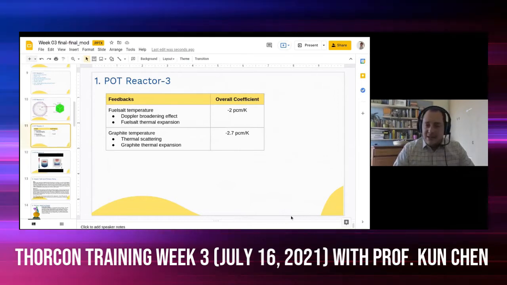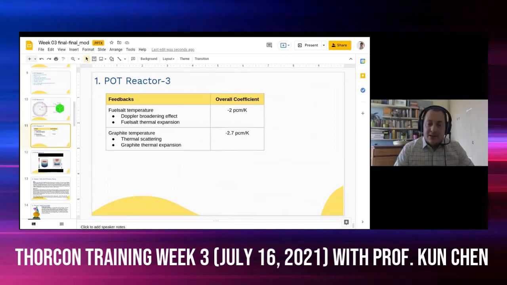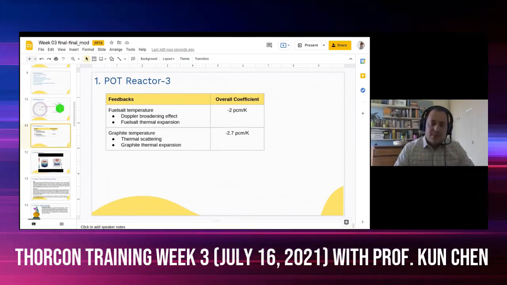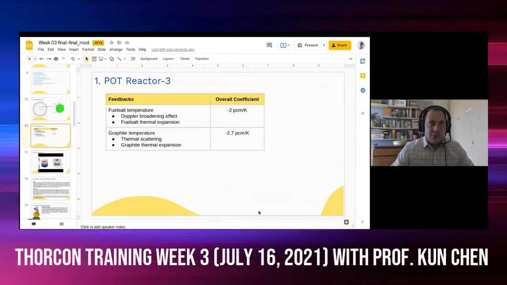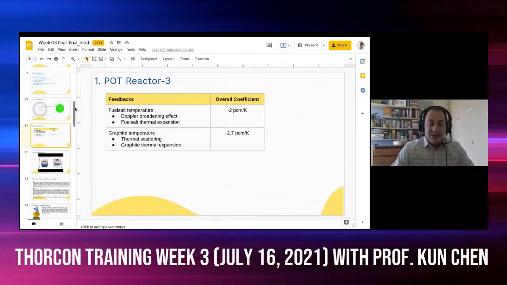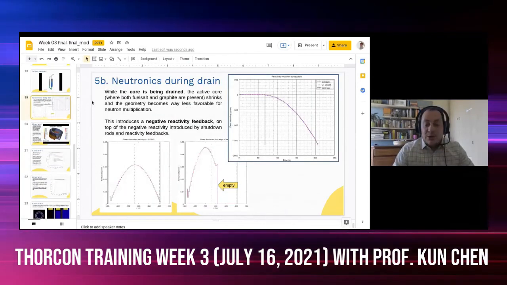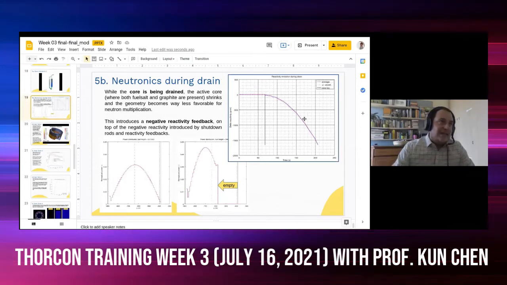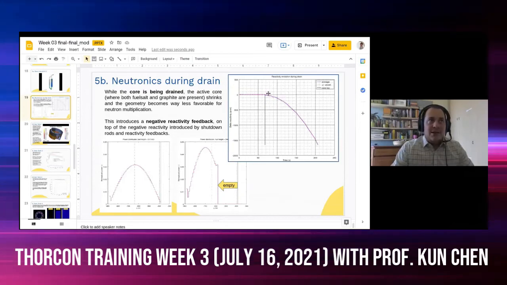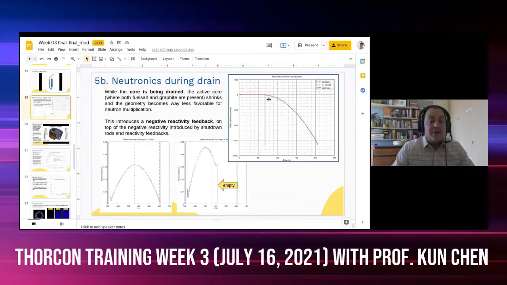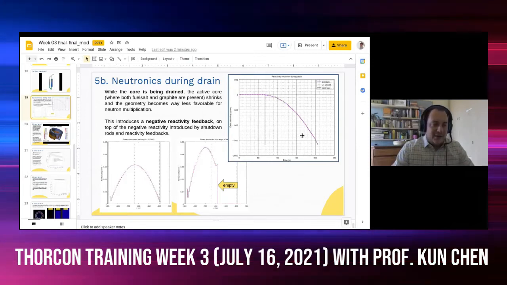So in case of any postulated accident, if the temperature of the salt and the graphite goes up, the reactivity goes promptly down. There are also control rods, and this effectively shuts down the reactor. On top of that, draining also introduces negative reactivity, and this is what was being mentioned, but this is not the main means used to shut down the reactor, even though it does bring the reactor to severe negative reactivity.